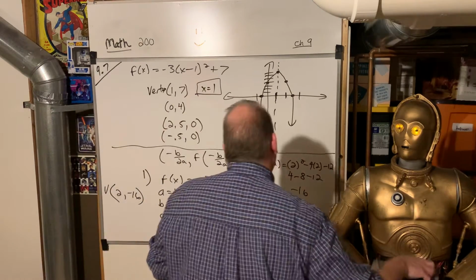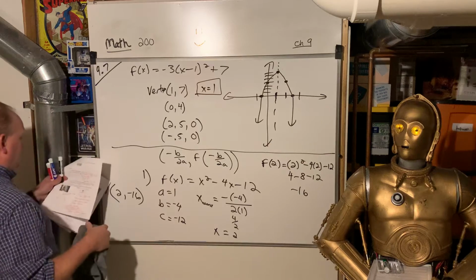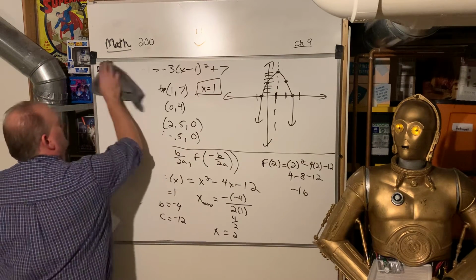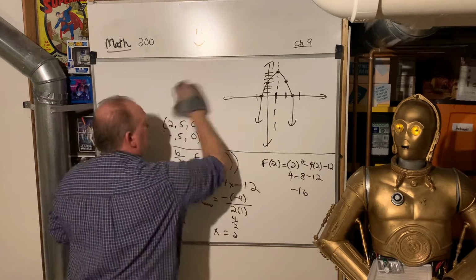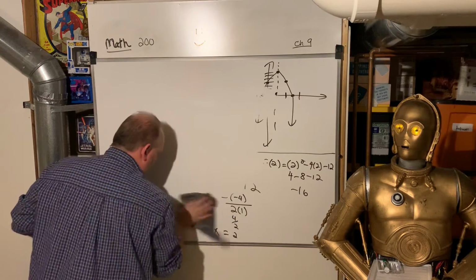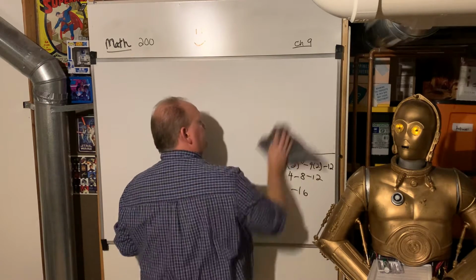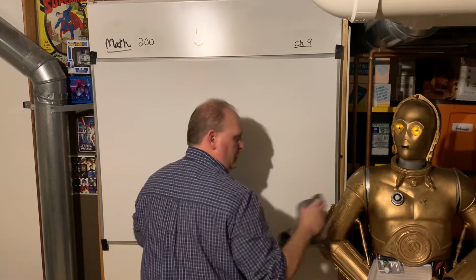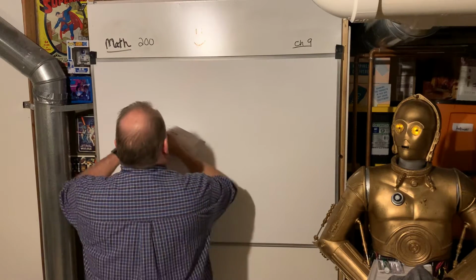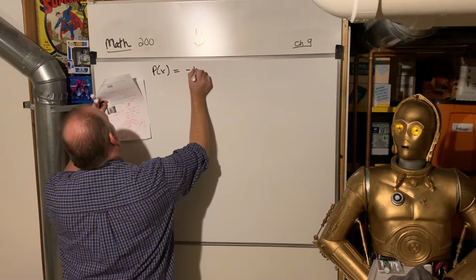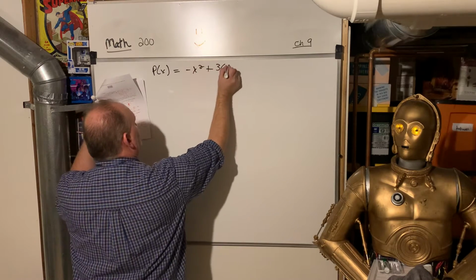And then the last one, ooh, look, it's got C3PO on your notes. Calendar sales for a ski club can be modeled by this formula: -x squared plus 360x.